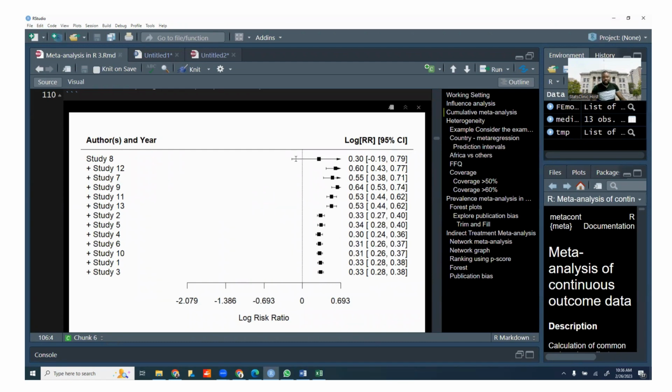And what can you notice about the pattern of these squares and the horizontal line between them in the middle? Anyone? What can we notice about these boxes, the pattern of the boxes?